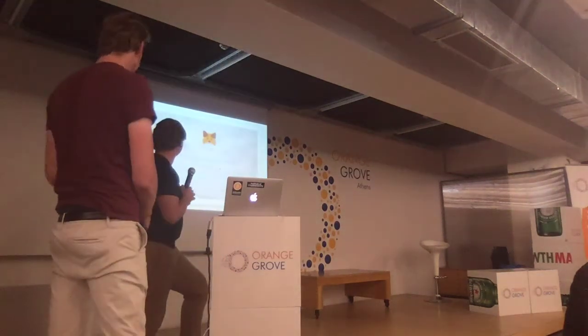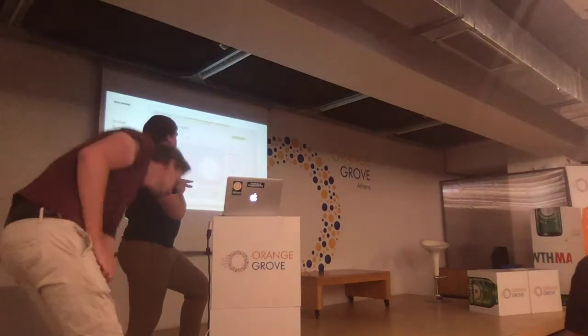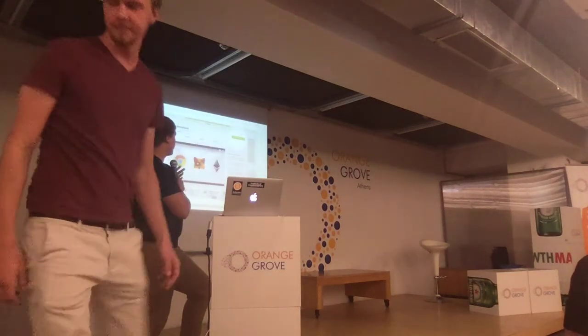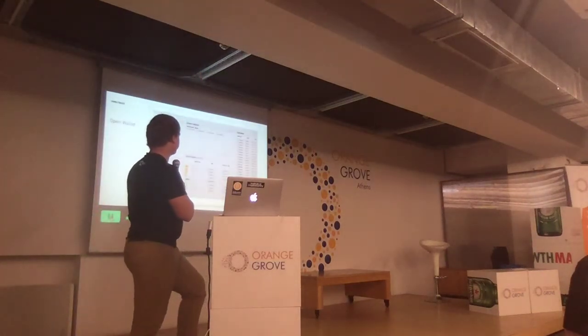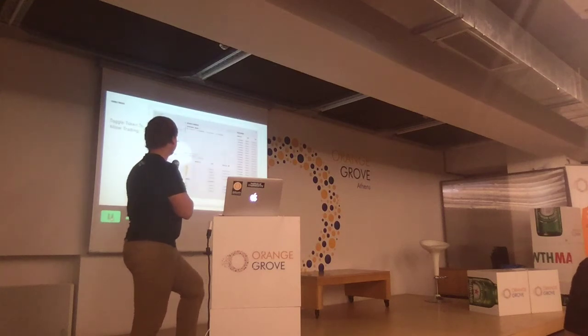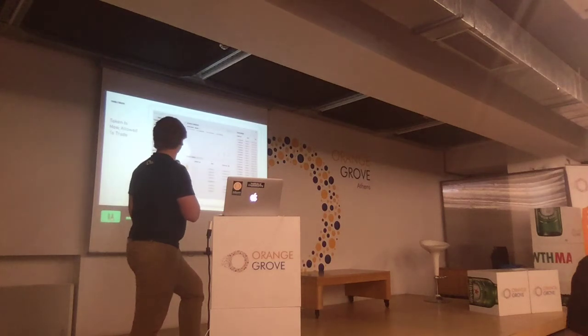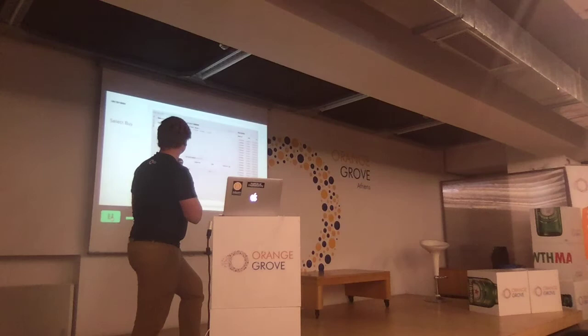So first you install MetaMask. MetaMask is the wallet in your browser. It allows decentralized apps to integrate with the Ethereum blockchain without you running a full node. It keeps your keys, but it uses external full nodes, so it's very convenient, and you can use it to sign transactions. You see your portfolio and your tokens.